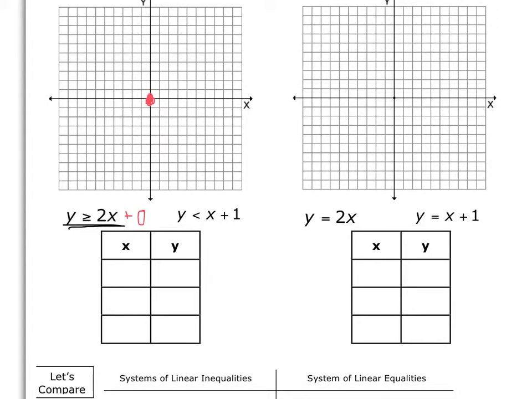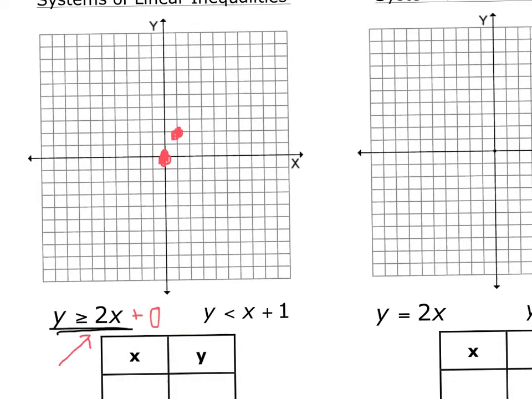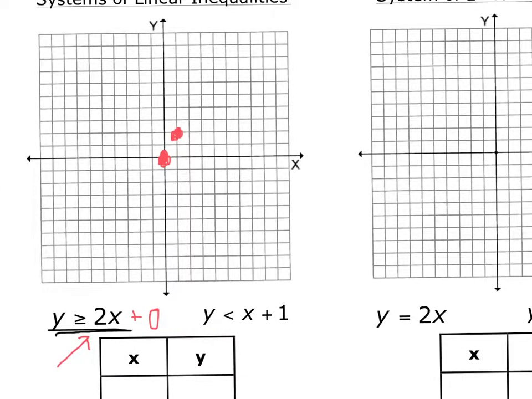And then we can assume that our slope is 2, a rise of 2, a run of 1. So rise 2, run 1, plot a new point. Now, because you have a greater than or equal to sign in your inequality, that means that we're going to have a solid line.